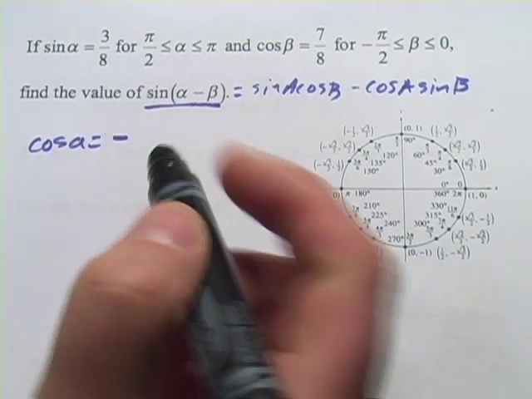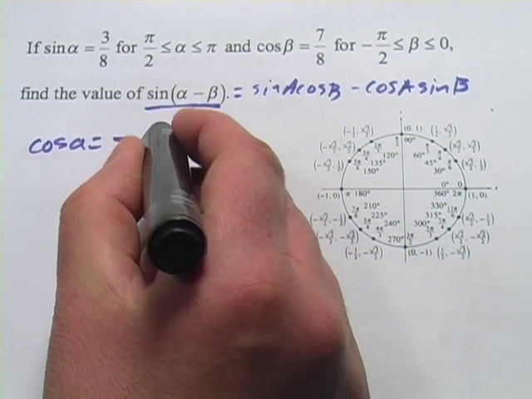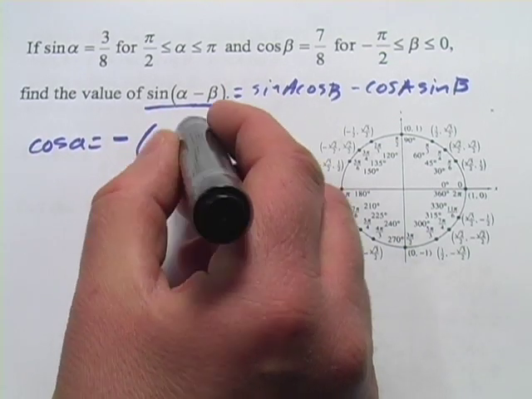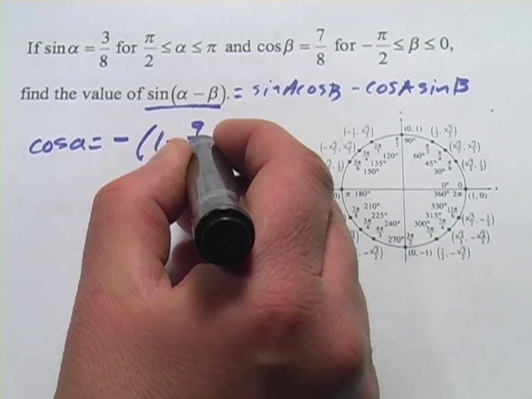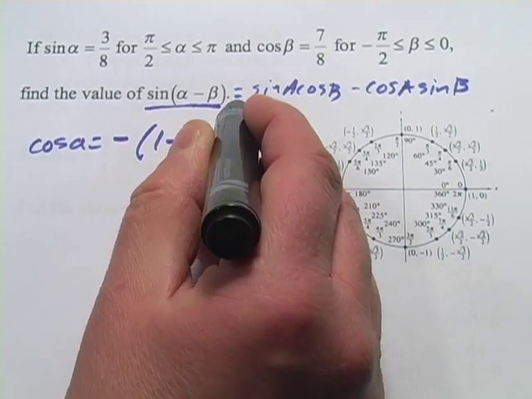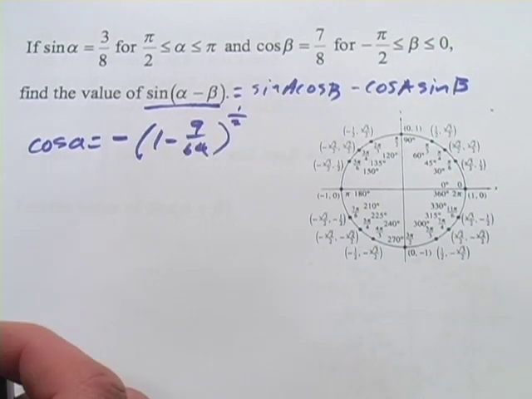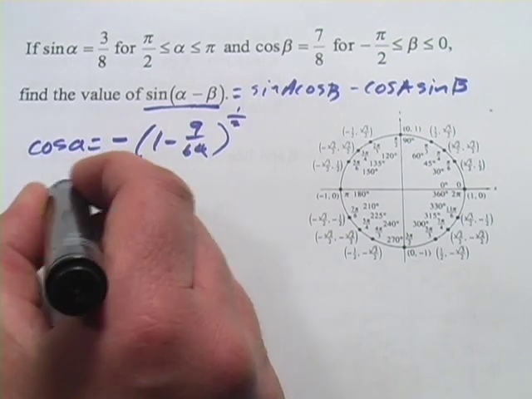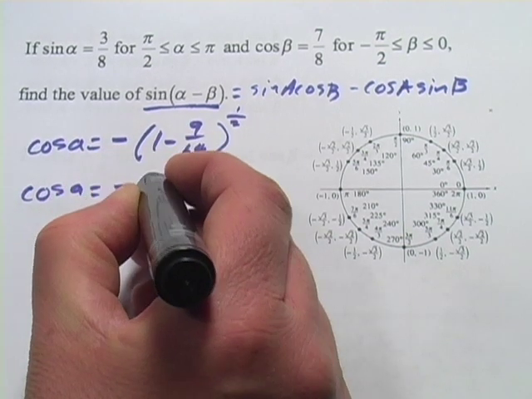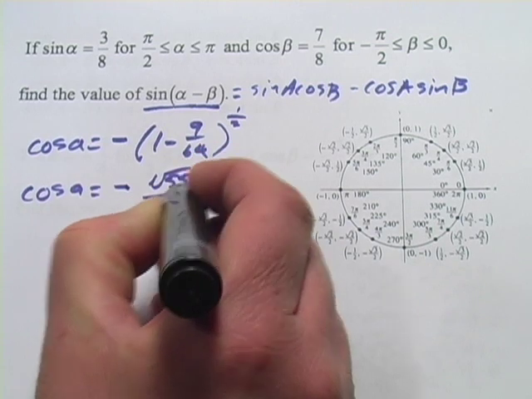So that would be 1 minus 9/64, and then take the square root of that, right? So that is going to come out to be, let's see, 55. Yeah, so the cosine of alpha would be negative square root of 55 over 8.